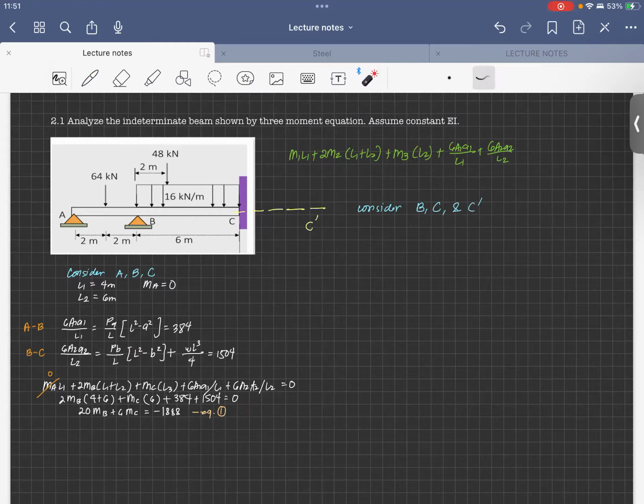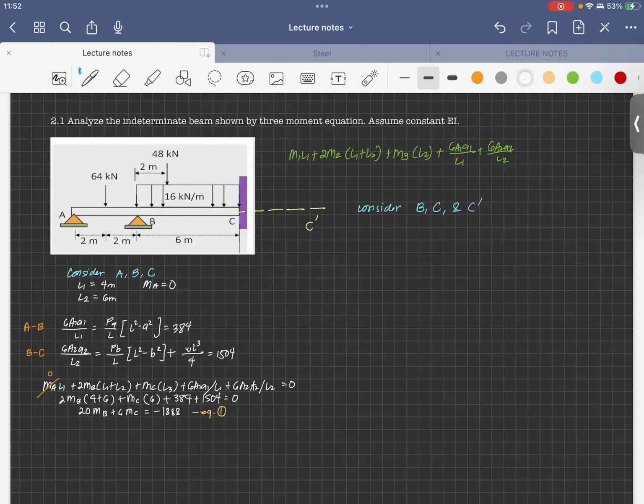Now, always remember, you will only extend kapag meron kang fixed support or dun lang po sa portion na may fixed support. Hindi ka mag-extend dito, no? Always mag-extend ka lang kasi need siya ng additional point kapag meron kang fix. Kapag roller naman siya sa kahit anong end, you don't need to extend there kasi alam naman natin ang moment niyan is 0. Okay? So, B, C, and C prime.